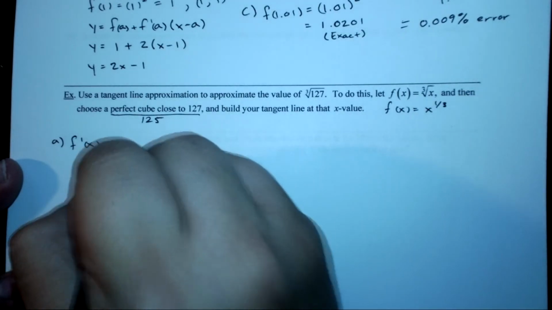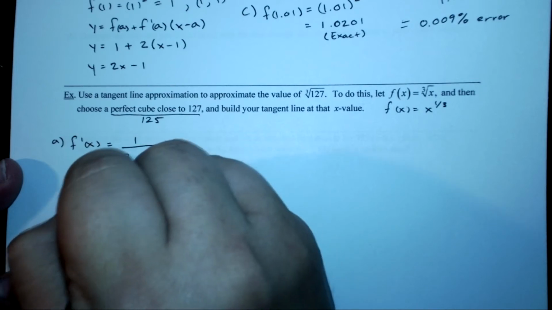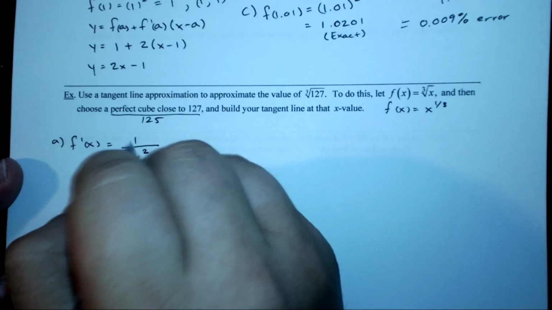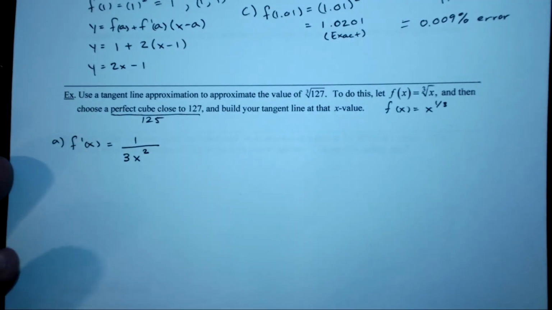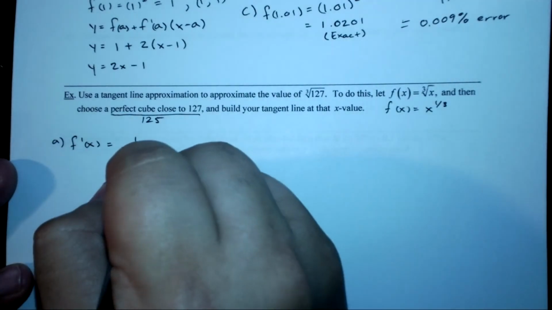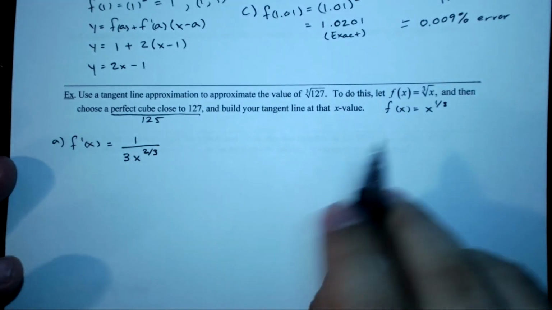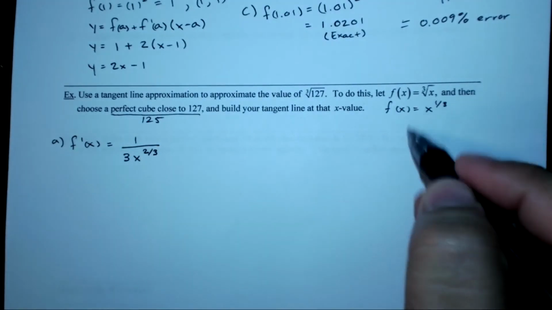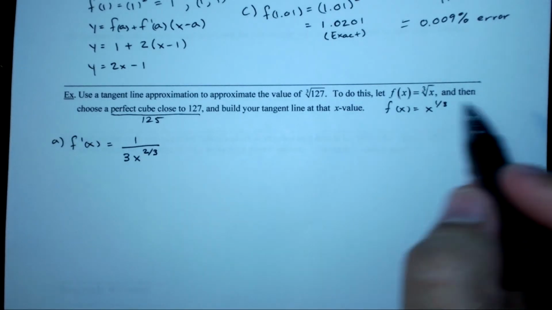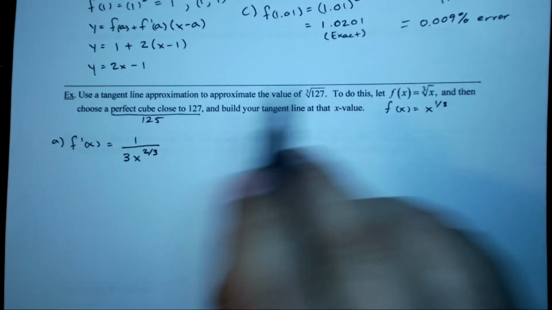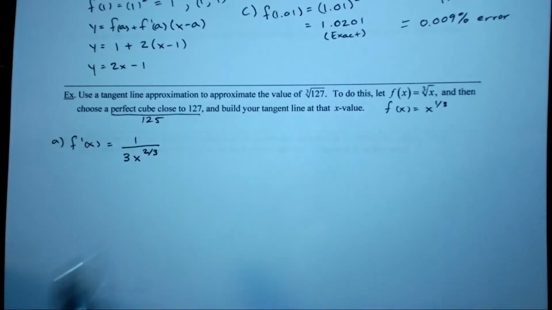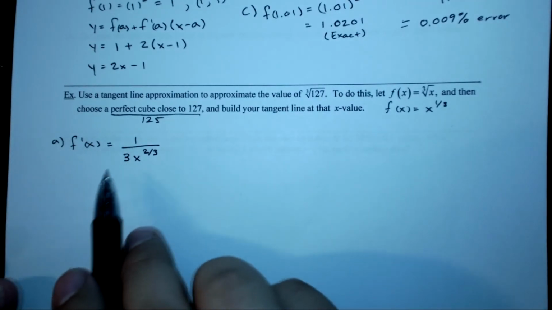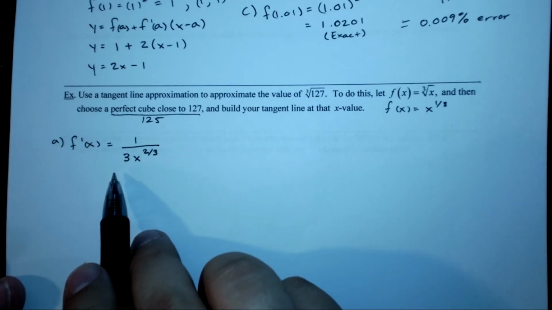That means that this is 1 over 3 times x squared, I believe. No, not squared, 2/3. Because you subtract 1 from 1/3, so then you bring the 1/3 down, that's where the 1/3 comes, to the x to the negative 2/3, which is why we have 2/3 on the bottom. Okay, so that's what f prime of x is equal to.